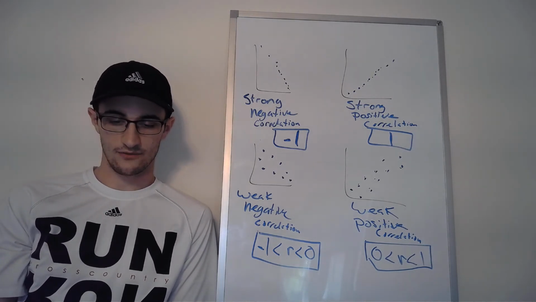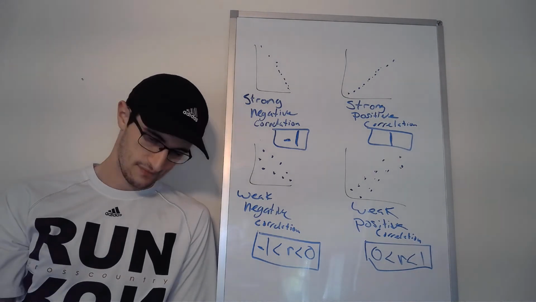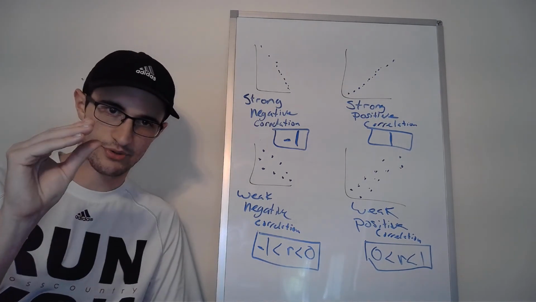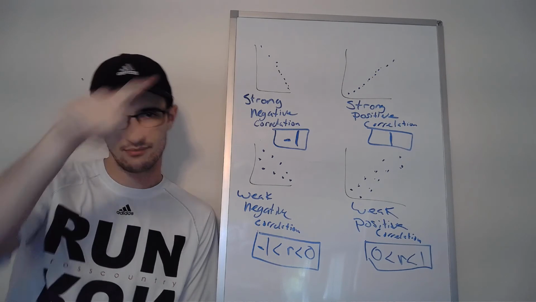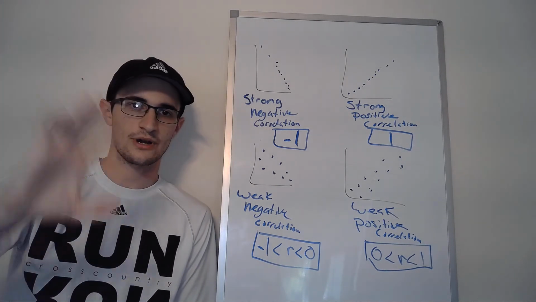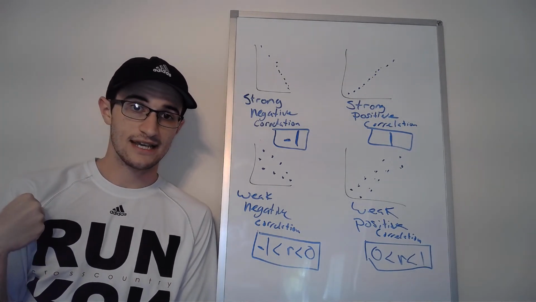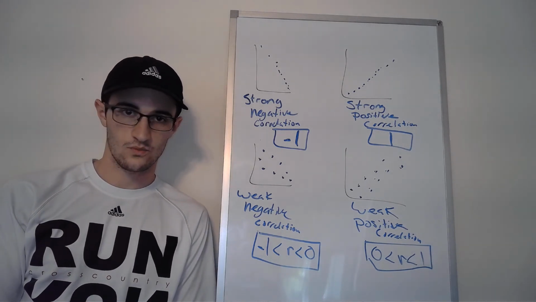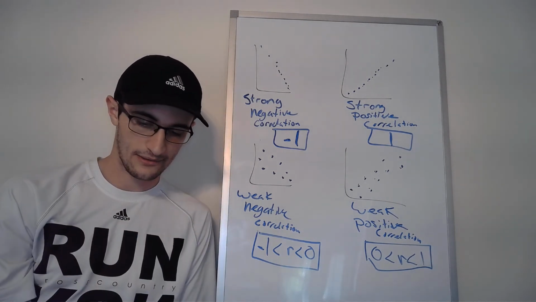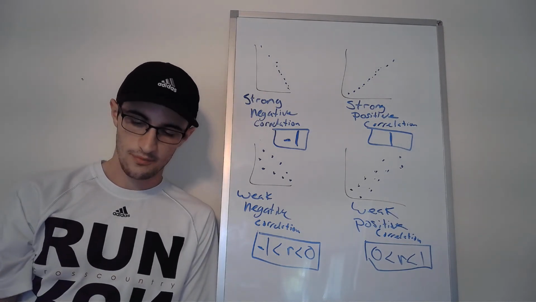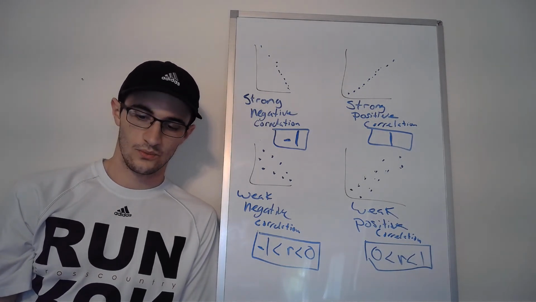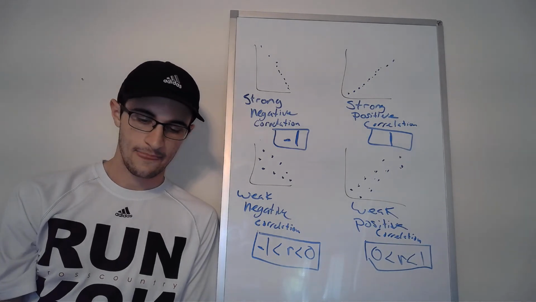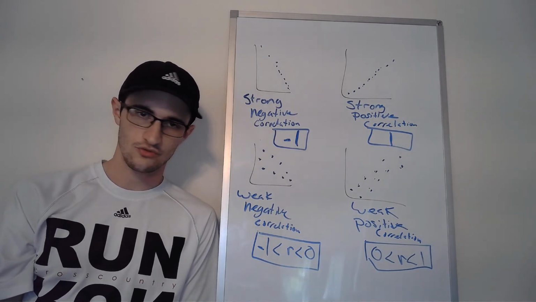That leaves us with negative 1 or negative a half. That line looks pretty close together. I could pretty much draw a line through it. It's not all spread out all over the place. So I would say that's a strong negative correlation. So we would use -1 there. So for B, C, and D, you just write -1 right next to A. For B, C, and D, right below it, there's some room there.